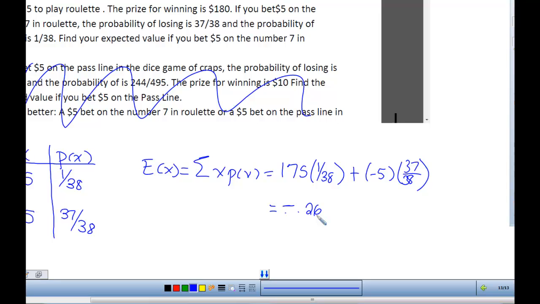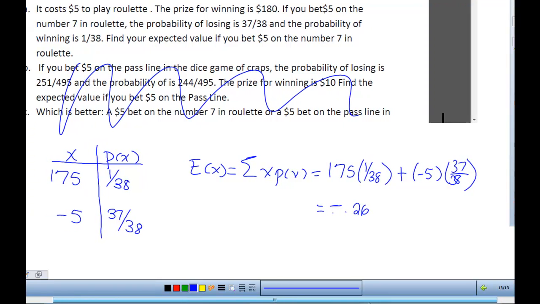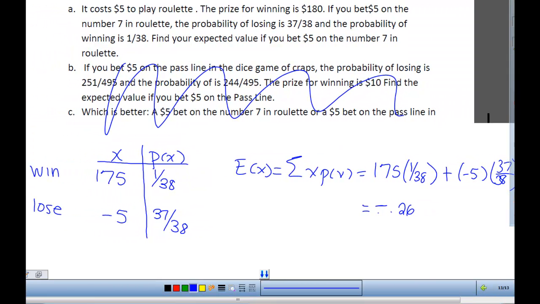Remember I said that the mean or the expected value is the long run average. So when we play, these are our winnings. Does that make sense? Negative 5 times 37 over 38, that's our loss.